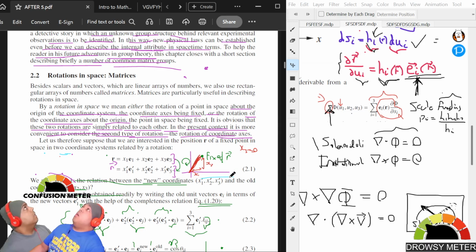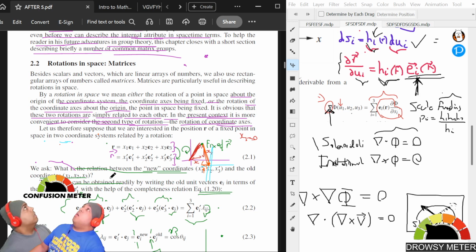It is over here now, from here to here. Now we have x1 prime in this direction. We rotated it from there to there. Okay, x1, x2, x3. What is the relationship between the new coordinates and the old coordinates?